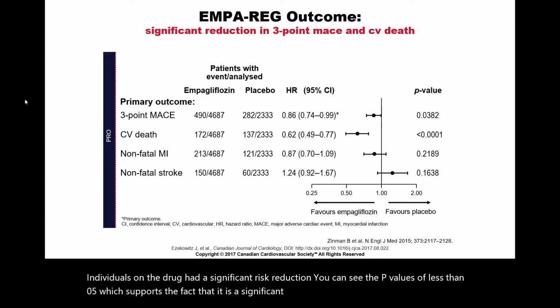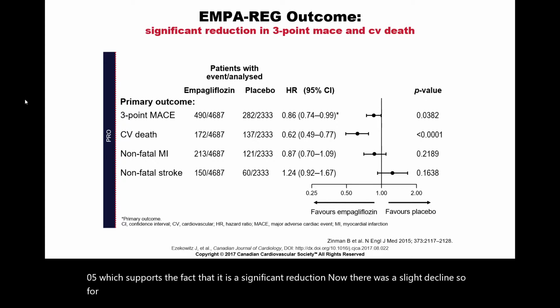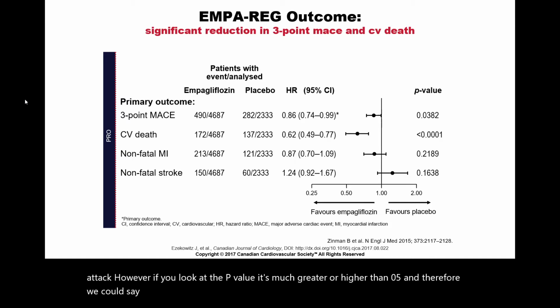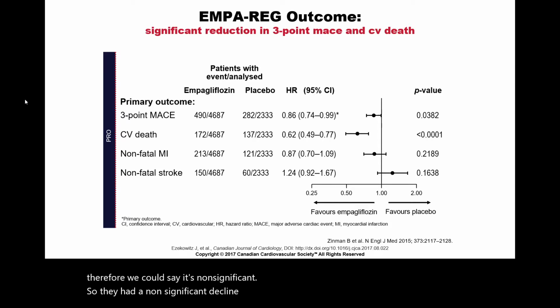Now, there was a slight decline for individuals taking the drug in their risk for non-fatal heart attack. However, if you look at the p-value, it's much higher than 0.05, and therefore we could say it's non-significant.